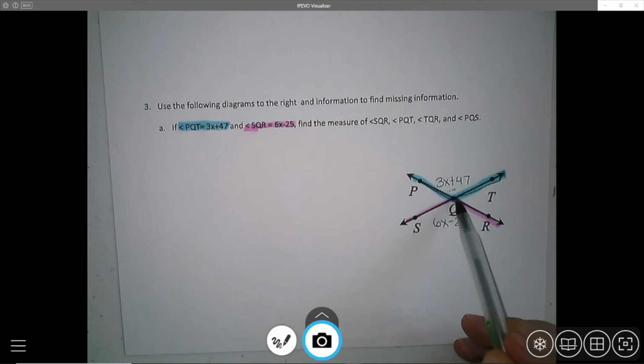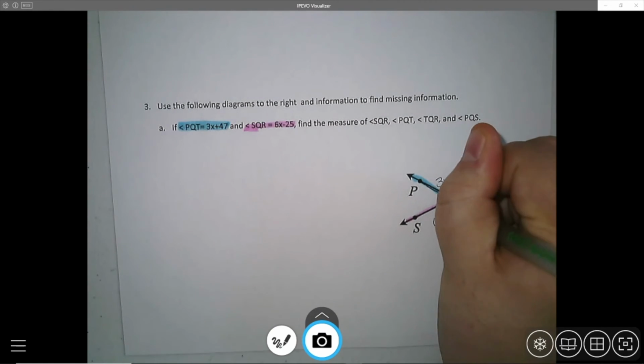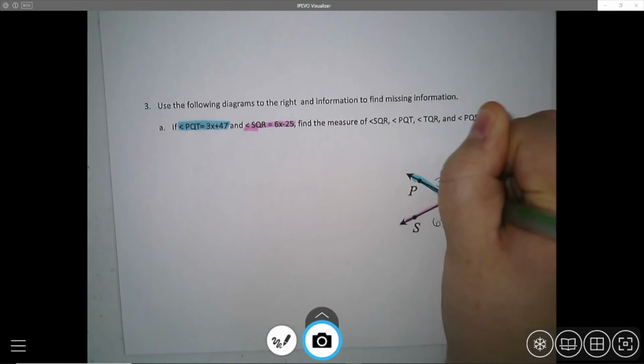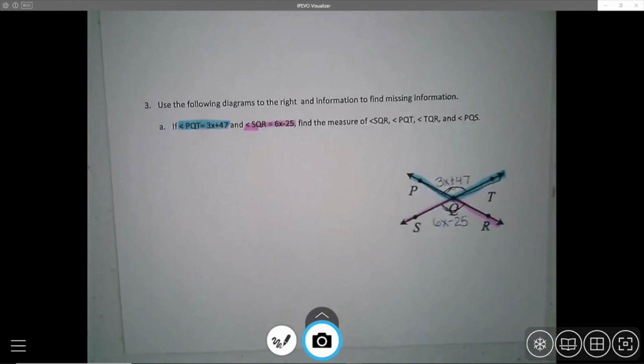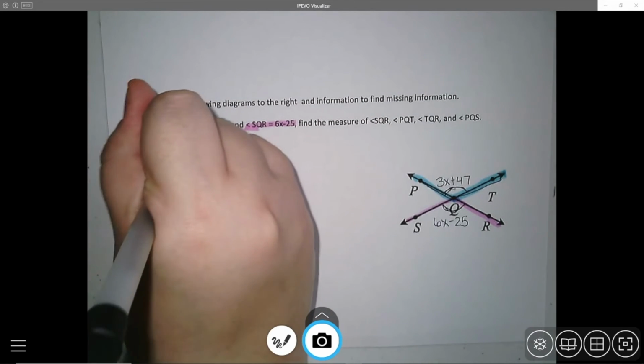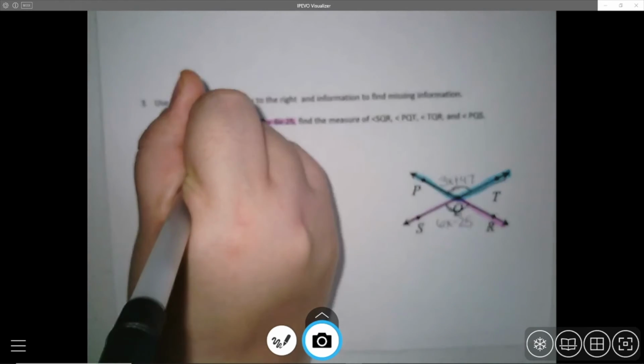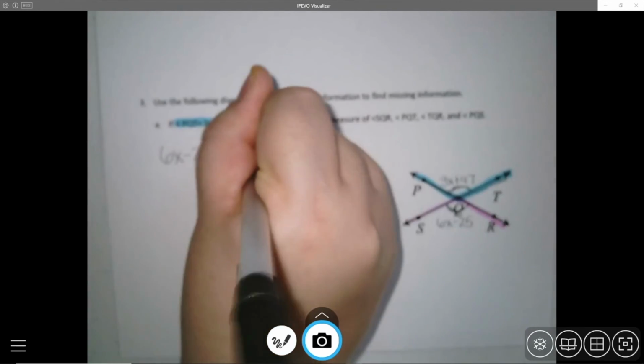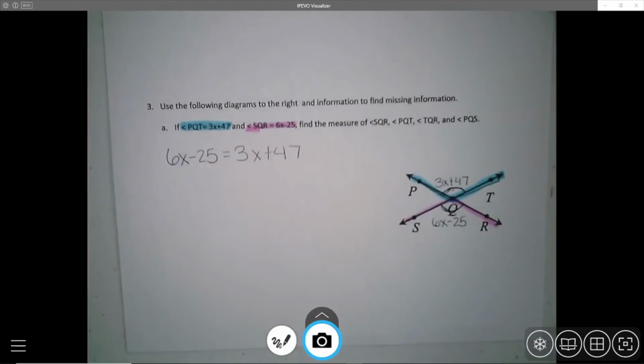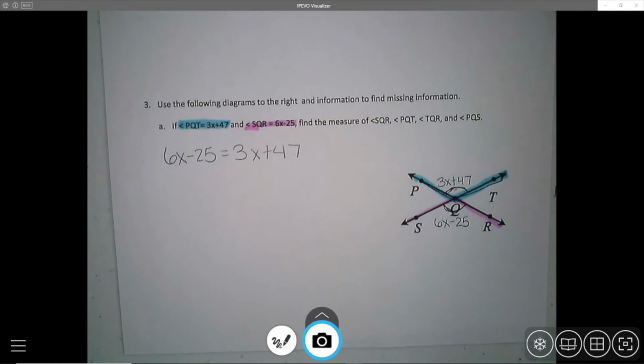PQT and SQR. These are vertical angles. Remember, on vertical angles, we put these arcs because they are congruent. If pieces of information are congruent, they are equal to one another. And if pieces of information are equal or congruent to one another, when we set up an equation, we set them equal to one another. So 6x minus 25 equals 3x plus 47.